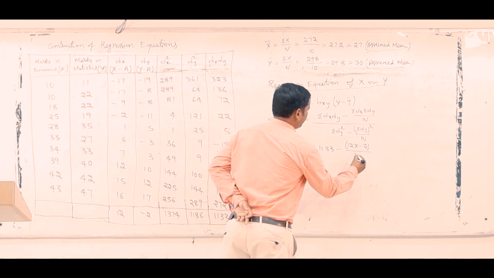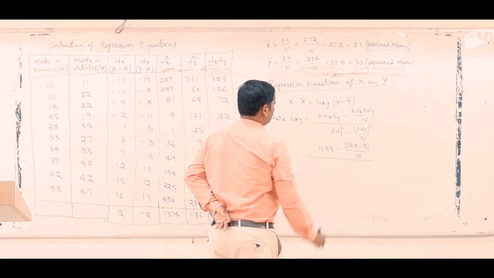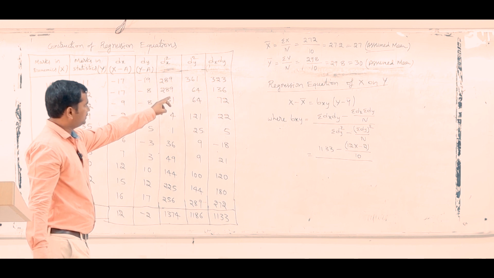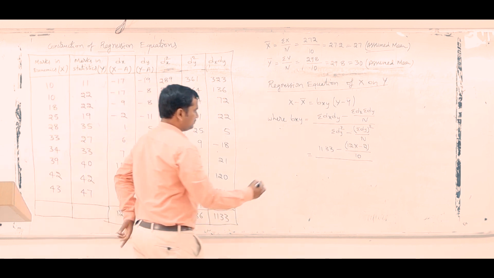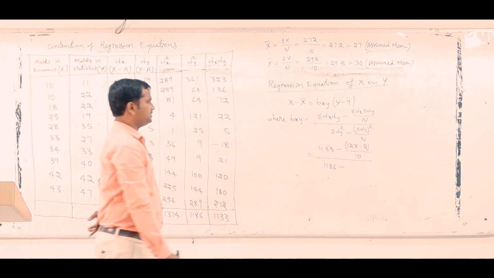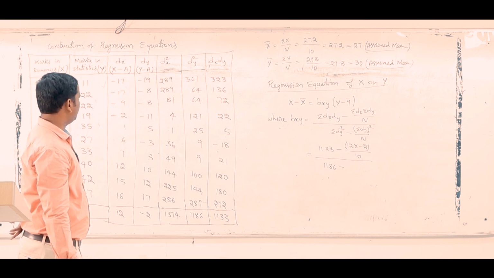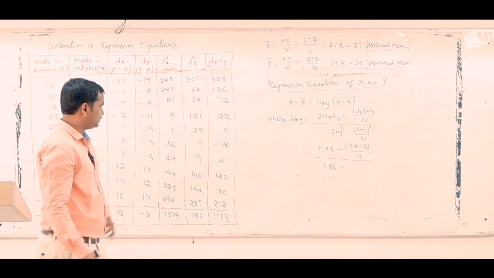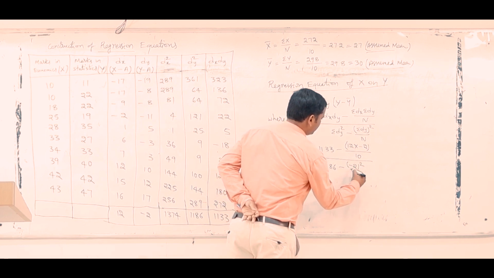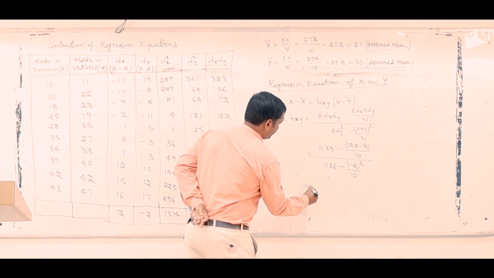Number of items is 10. Whole divided by summation dy square, which is 1186, minus summation dy whole square divided by n. Summation dy total is minus 2, so minus 2 whole square by n, where n means 10 items.